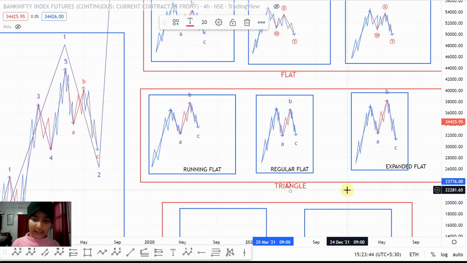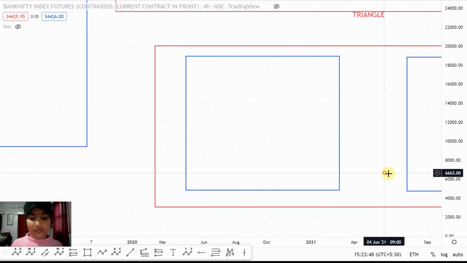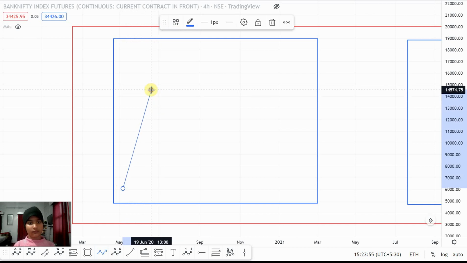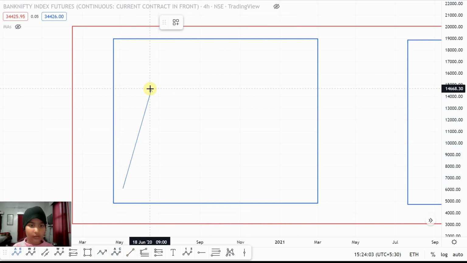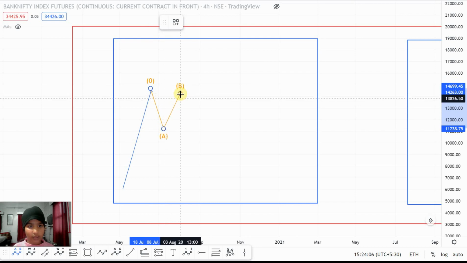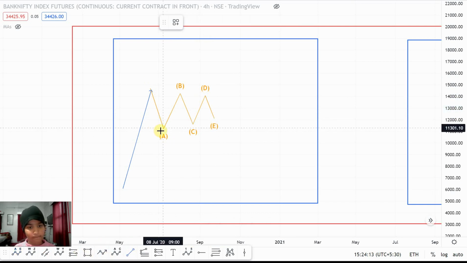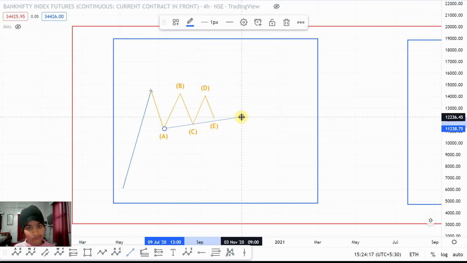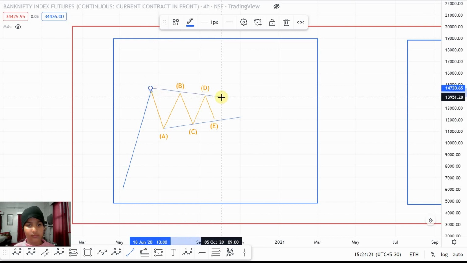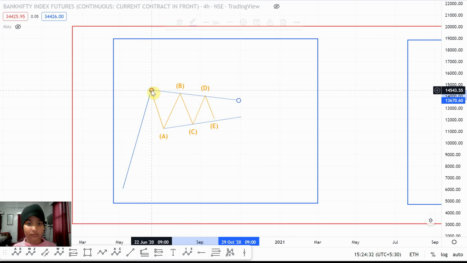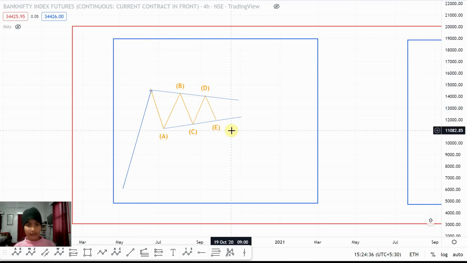Now I'll be discussing triangles. So impulse and A, B, C, D and E. Like this is our flat triangle.